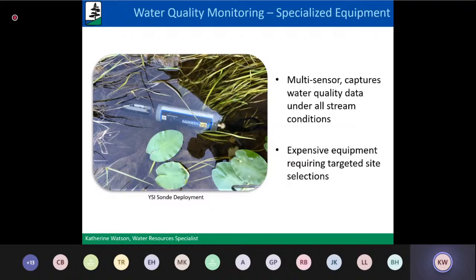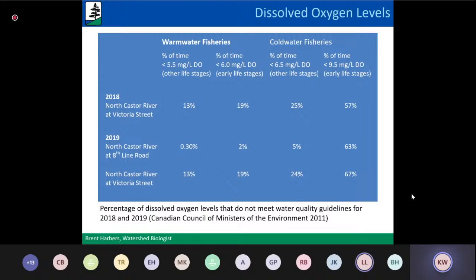We have to be very specific in where we want to use them, but we like them because they capture a range of conditions from base flow to storm events, all of the different conditions that that river might experience within the 2 or 3 months that we have these units deployed. Next slide. So the report provides an analysis of findings for all of the different parameters collected.